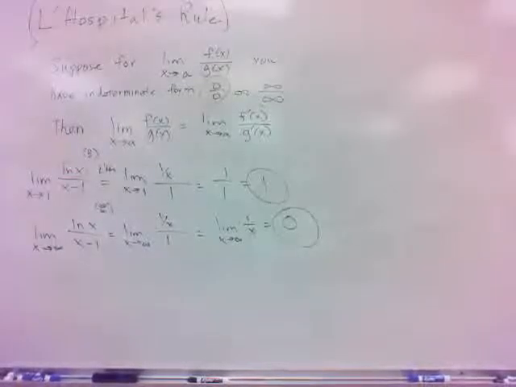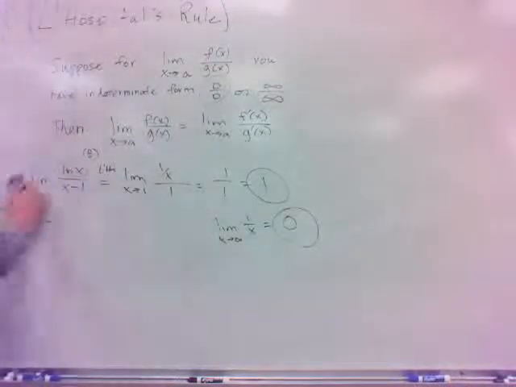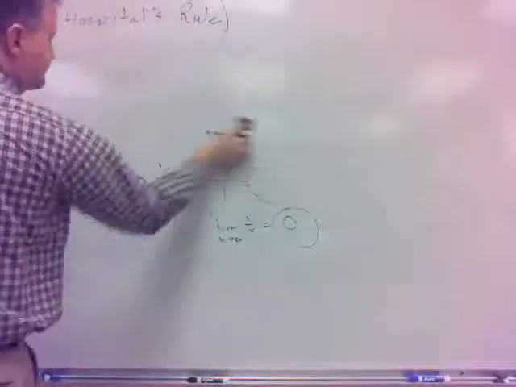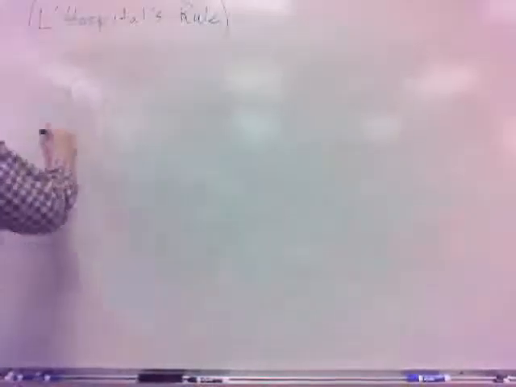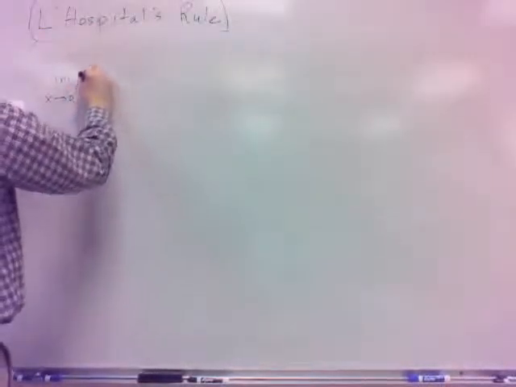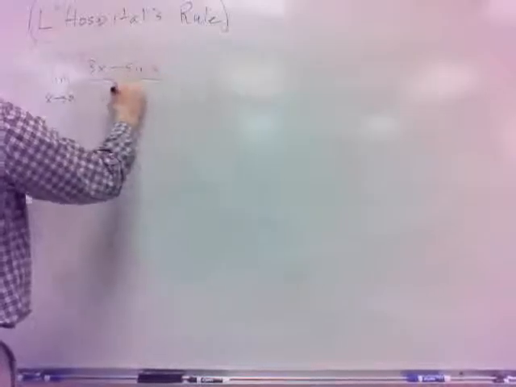So let's just look at several examples and see where this all goes, okay? Here's some more examples. The limit as x approaches 0 of 3x minus sine of x over x.